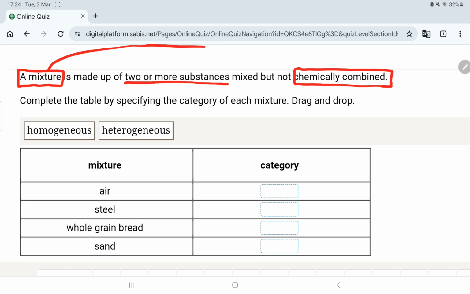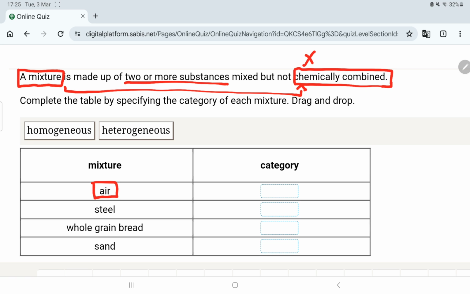But it's not joined. Here, just gonna write down there. It is not joined by chemical bonds, okay? Let's see. First guys, I said we're gonna discuss this in the previous part. We have 2 types of mixtures. One is homogeneous.